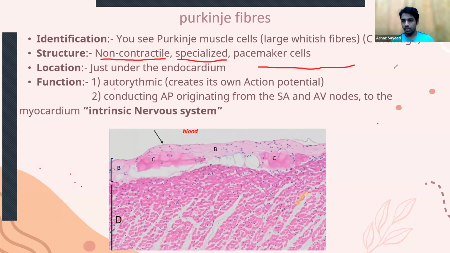The regular cardiomyocyte contracts. This is a special cardiomyocyte. It does not contract, and it's a pacemaker, which means signals from the Purkinje fibers go into the cardiomyocyte and determine the rate of contraction. To us, know that it's non-contractile.